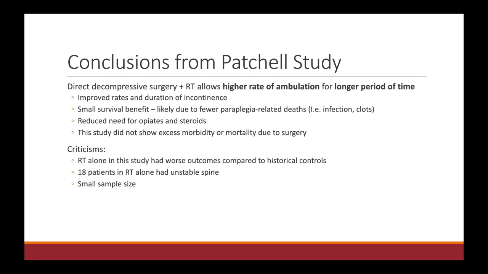It also improves rates and duration of incontinence, it adds a small survival benefit, and reduces the need for opiates and steroids, and so it really should be considered as the standard of care.